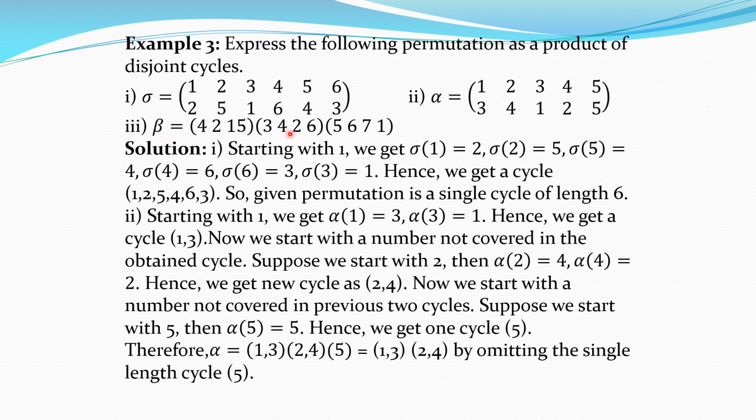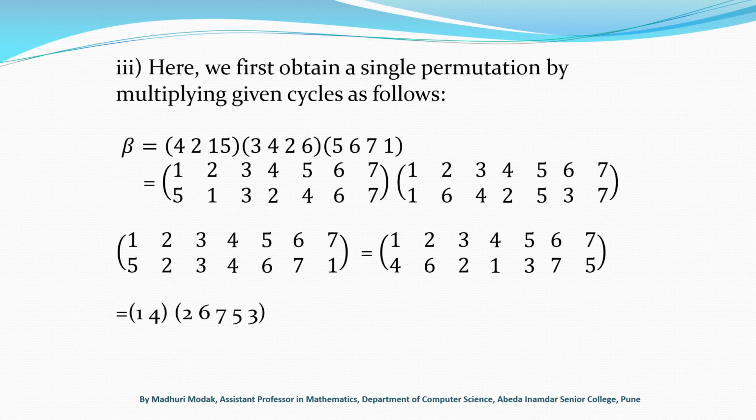Now the maximum number here is 7, so it is a permutation on 7 symbols. Writing all three permutations in array form and then finding the composition, we get this: the first one, 4 to 1 5, we have written in array form. This we have written here in array form, and 5 6 7 1 in array form. Now do the composition from right to left, top to bottom.